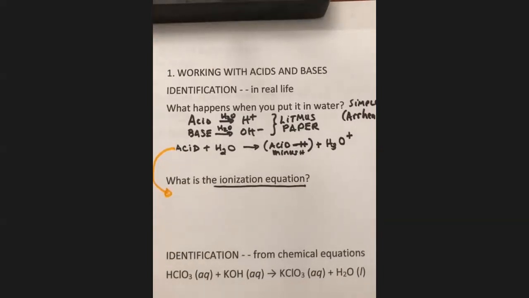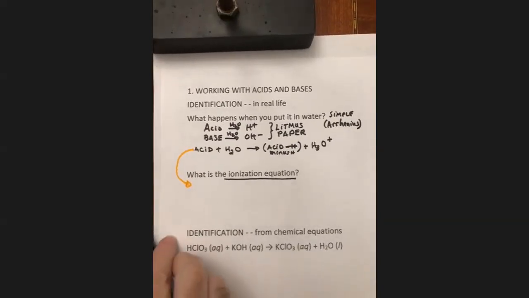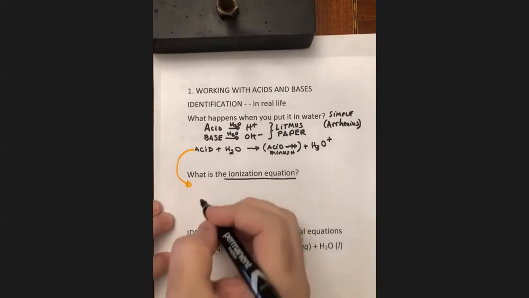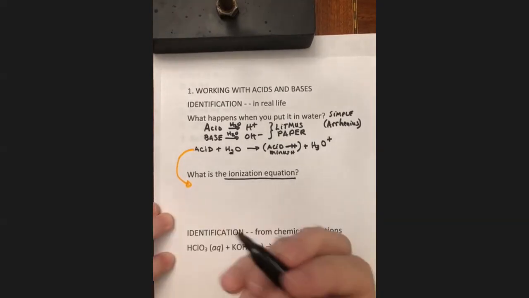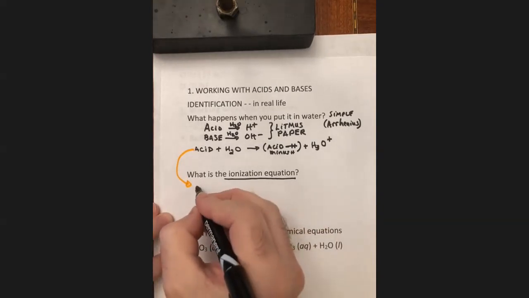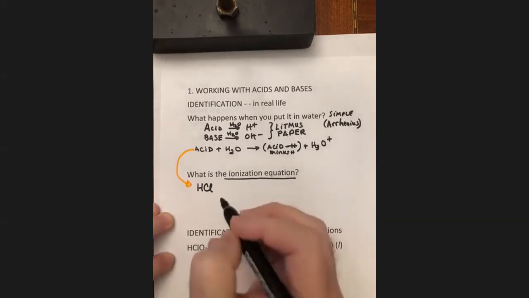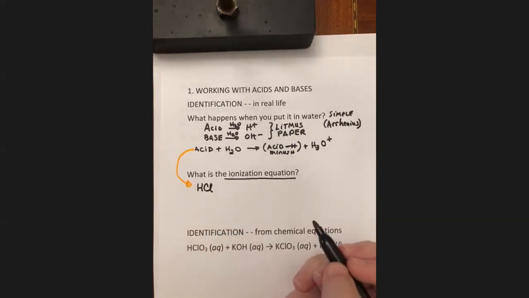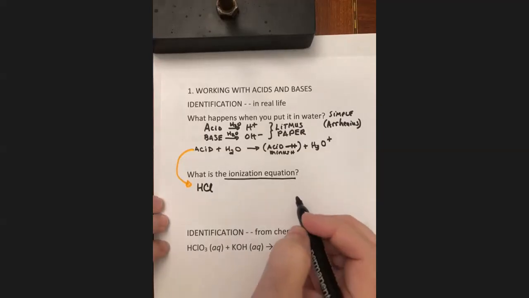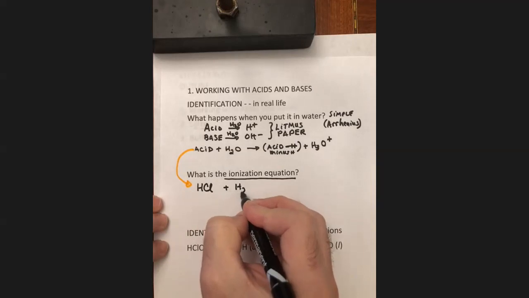Let me switch over. Let me zoom in a little bit. Zoom out actually. Right? So let's say, for example, I have an acid, and let's take the simple one. Let's take HCl. And I'm going to put it in water, so I'm going to include water in there.